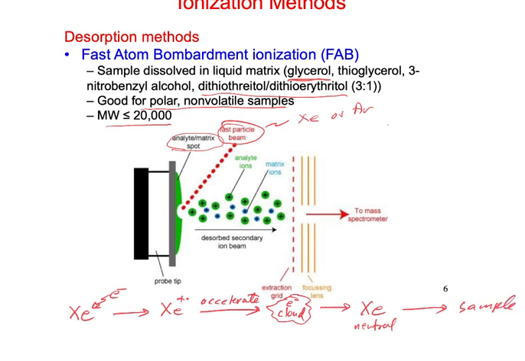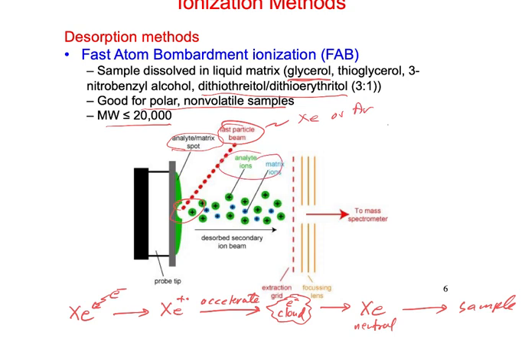Essentially we just blast this sample away, and it creates all kinds of mess. It could create cations, anions, adducts, matrix ions, all kinds of stuff. But then we select out the cations.